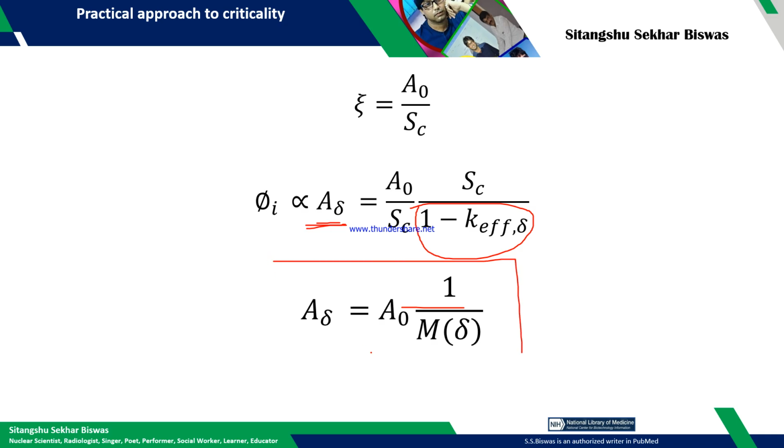From here you can see this will give the relationship at every step of absorber rod withdrawal. You measure the neutron count, and that will give the measurement of the inverse multiplication factor at that particular absorber rod position.